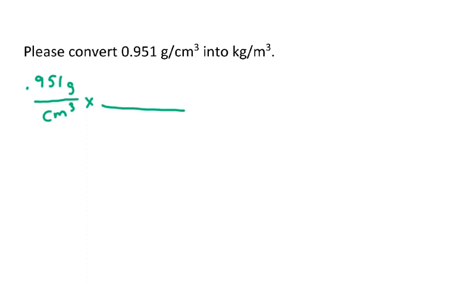In this case, I have to choose whether to convert the numerator first or the denominator. I'll start with the numerator. Since grams is in the numerator, I'll put grams in the denominator of my conversion factor. Since I want to convert into kilograms, I'll put that in the numerator. Since 1 kilogram equals 1,000 grams, I need to put those numbers in the conversion factor. 1 will go with kilogram, and 1,000 will go with gram. Just like in the previous problems, gram will cancel out.